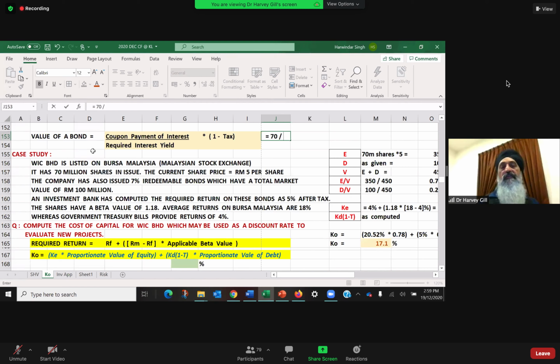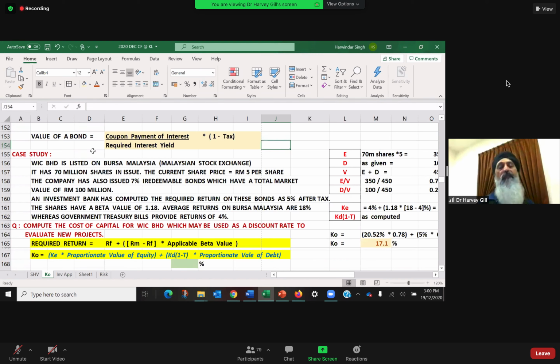Divided by, since this is already tax adjusted, I would say this is 70 multiplied by... we don't know the tax rate. That's the problem. Then we can only do a guesstimate. 70 divided by 0.05, which is an after tax rate. That won't be right, because we don't have data. We couldn't do it.